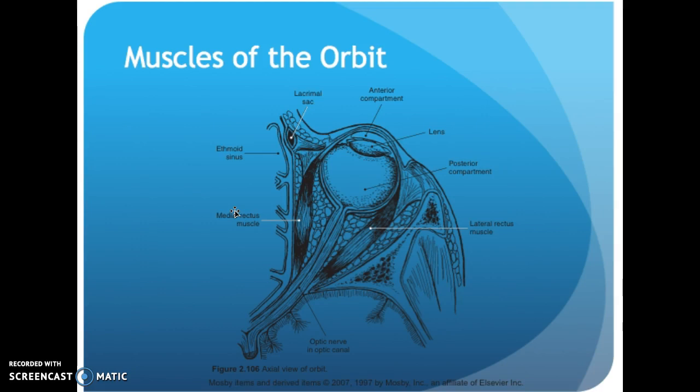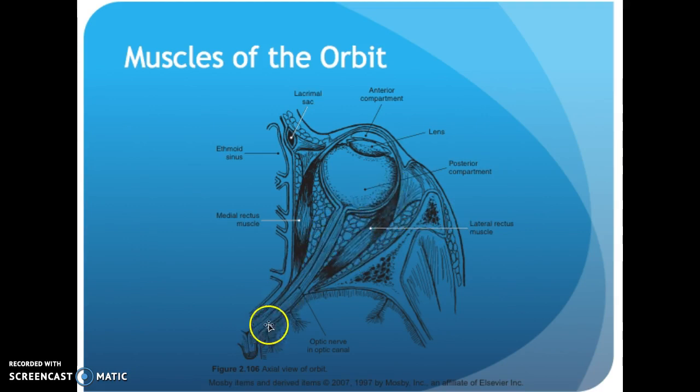So the muscles of the eye, the way that it works here. So we have medially your lacrimal sac, and it's in your lacrimal groove. So your anterior compartment of your globe, you have your lens, then you have your posterior compartment of your globe. Coming around, you have your lateral rectus muscle, lateral rectus.